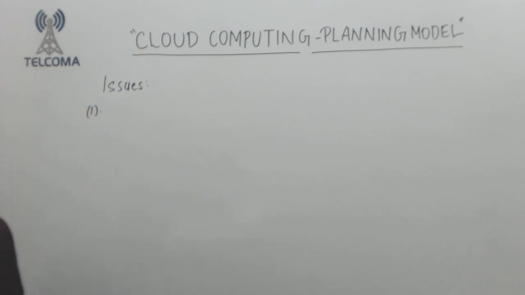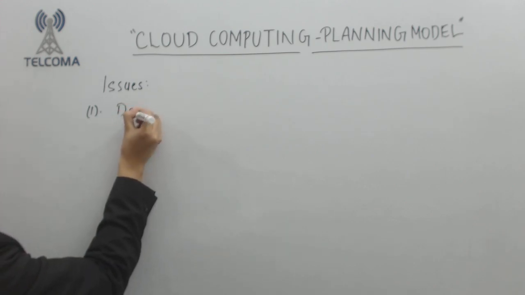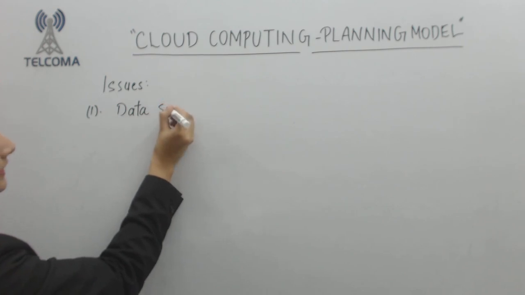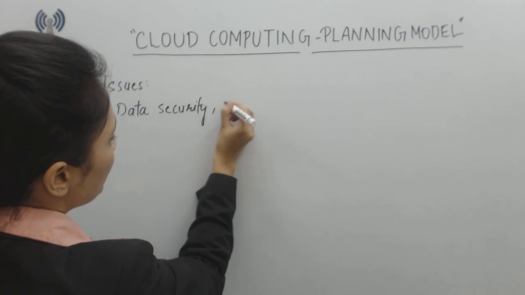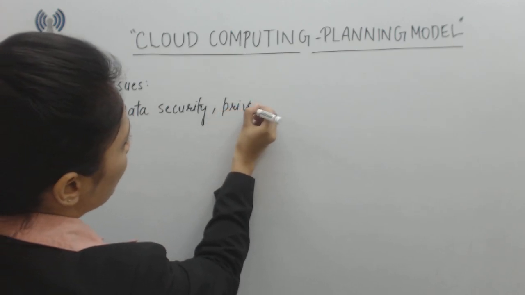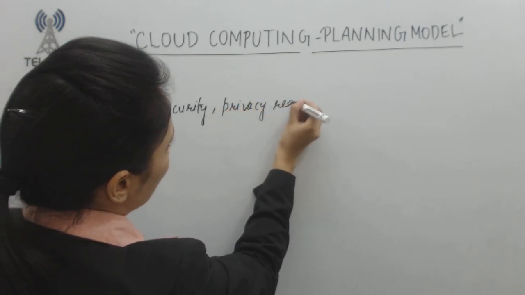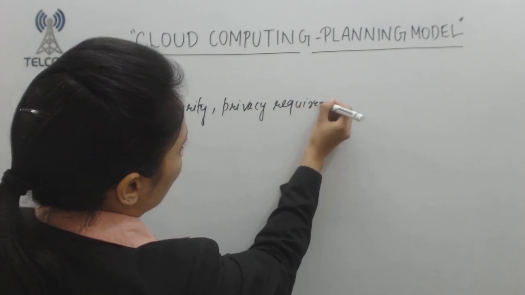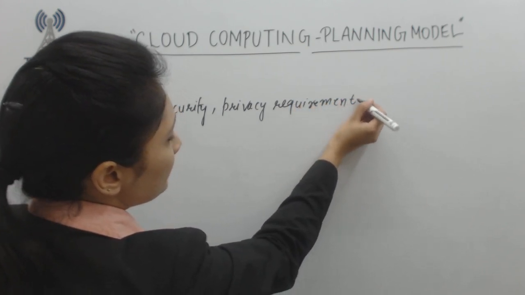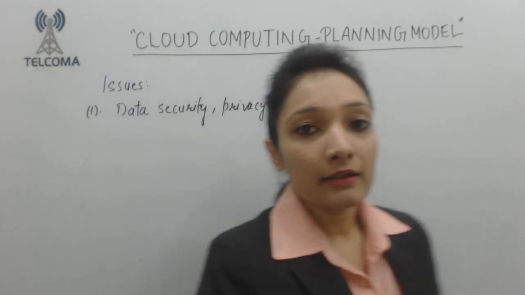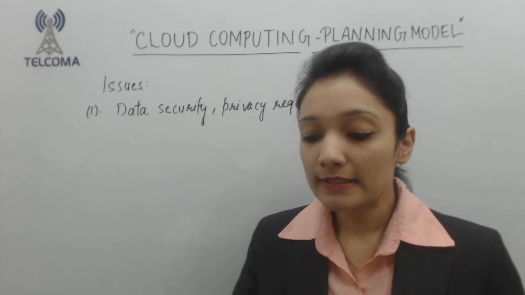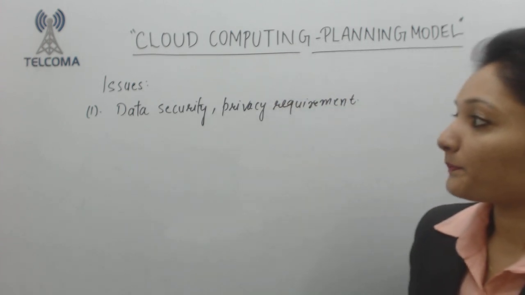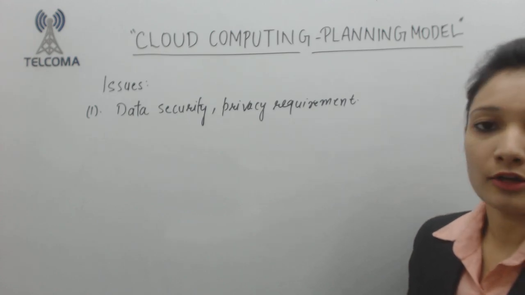The first issue is the data security and privacy requirement. A company or a business organization exchanges a large amount of data, so it's important that the security of data is handled.